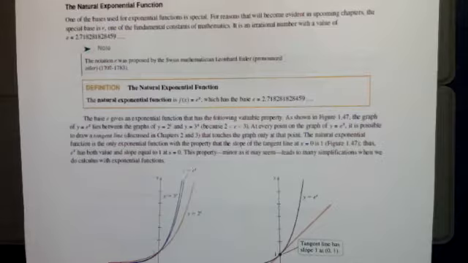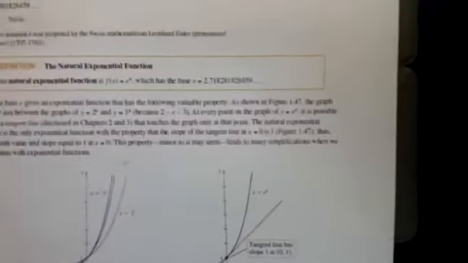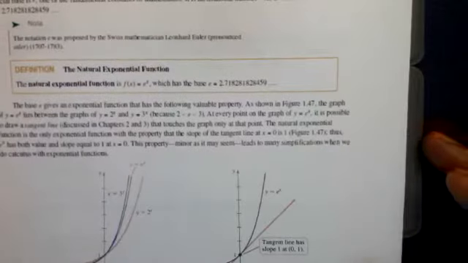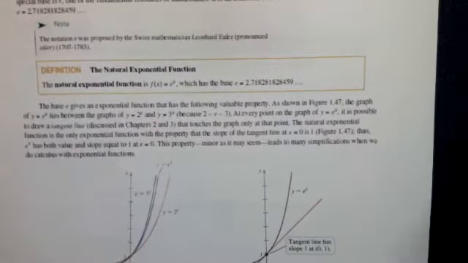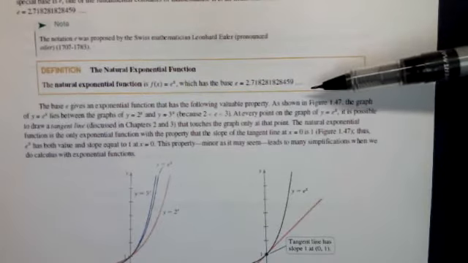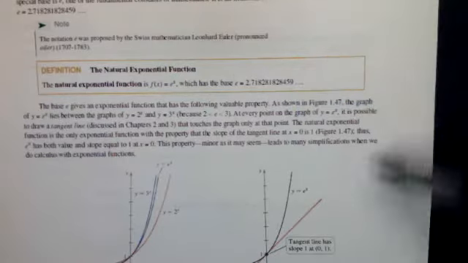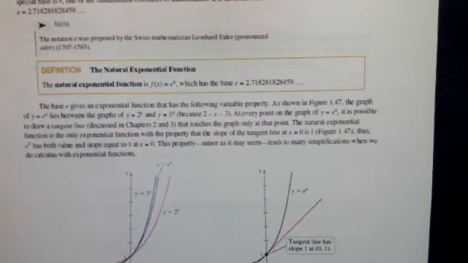That means an irrational number is a non-terminating, non-repeating decimal. So anytime you have that, that's going to be natural base e, and e is going to be this decimal approximation. It goes on indefinitely without ending, and there's no pattern of repeating numbers. So the natural exponential function will be f of x equals e to the x.